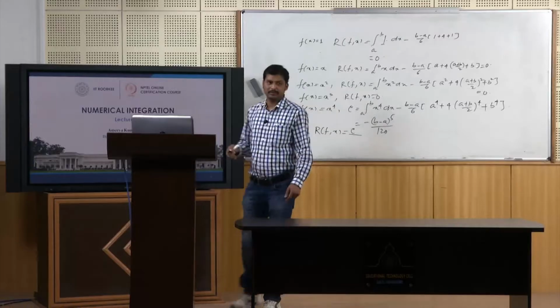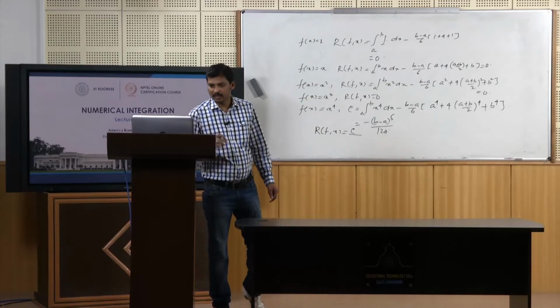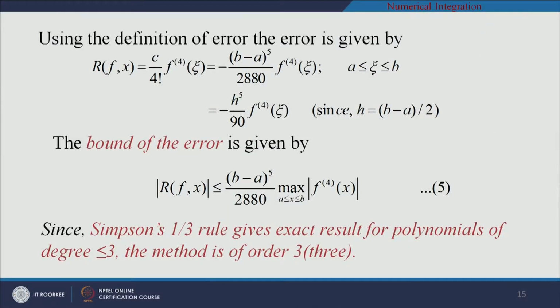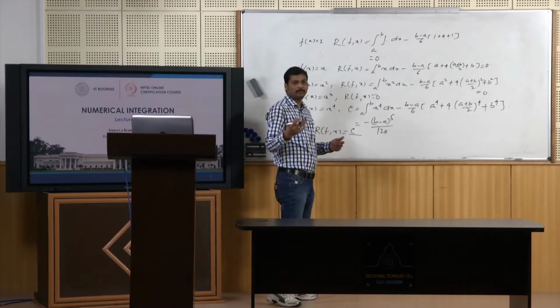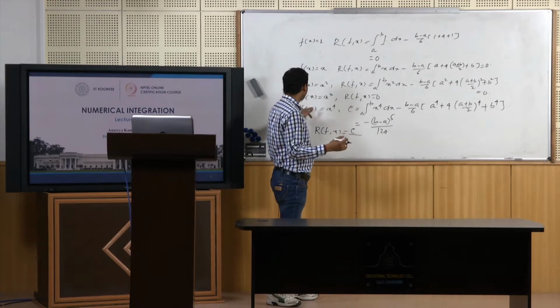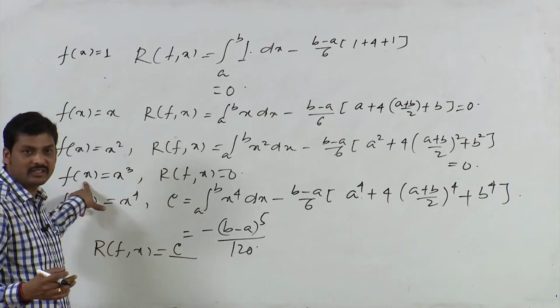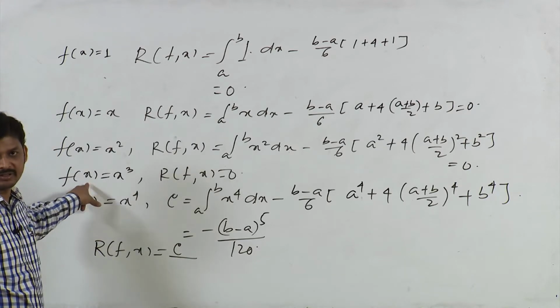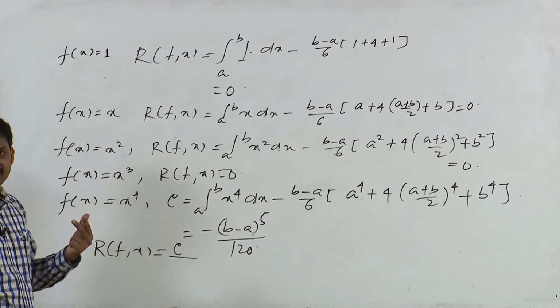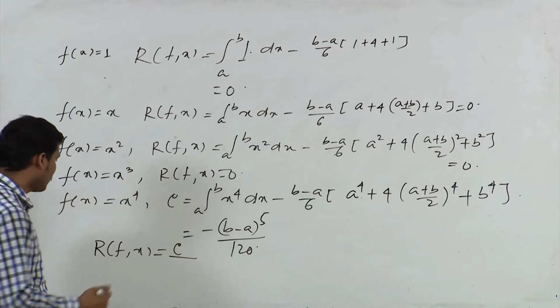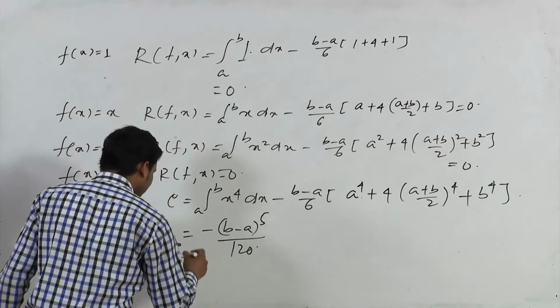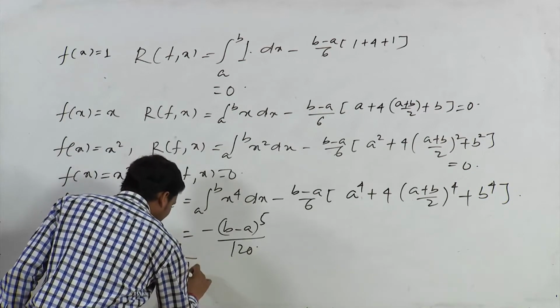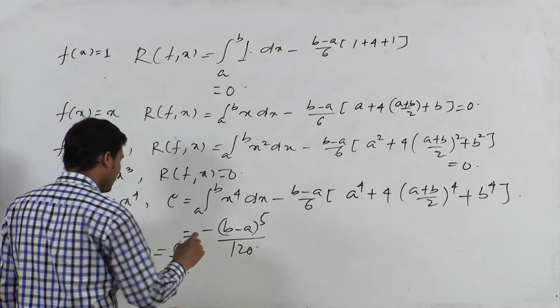C by 3 is your highest p term, since we are getting exact results for degree 3, the polynomial is exactly approximated by this f of x value. So we can consider p as 3 here, C by (p plus 1), that is 4 factorial.